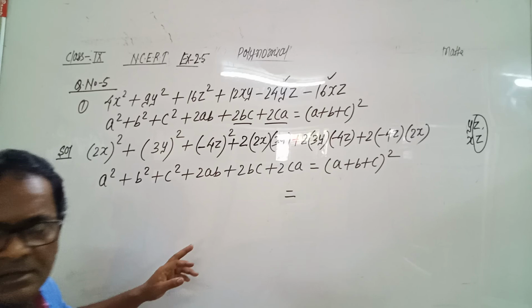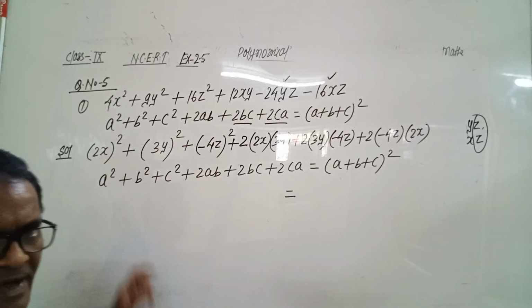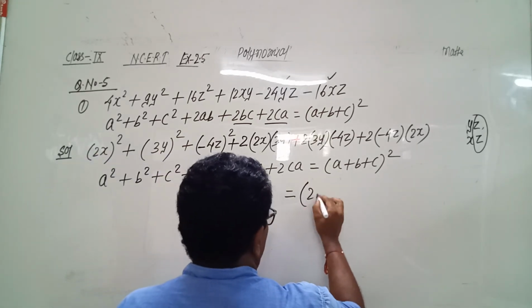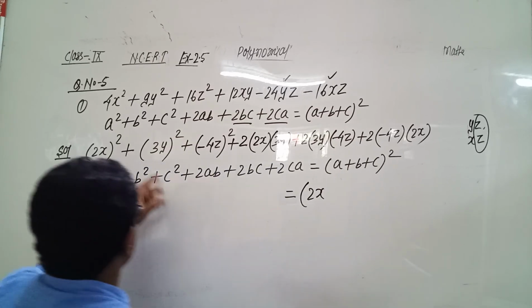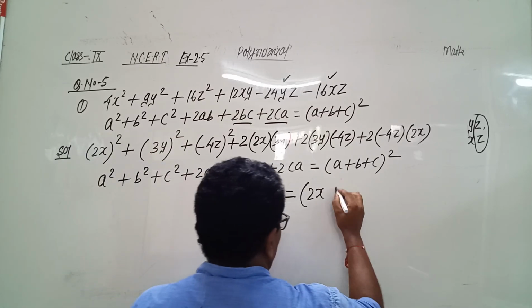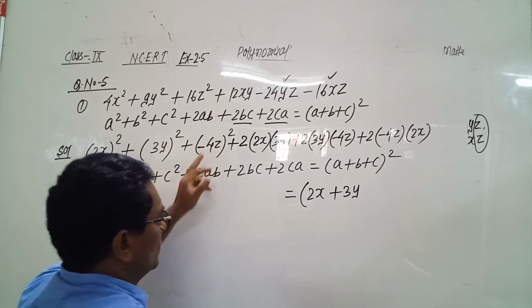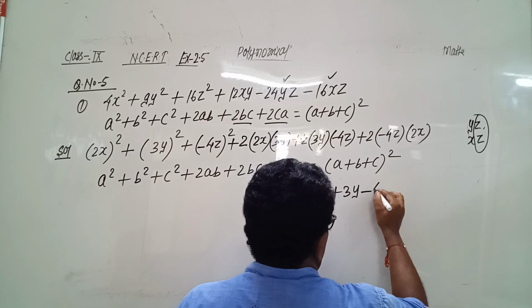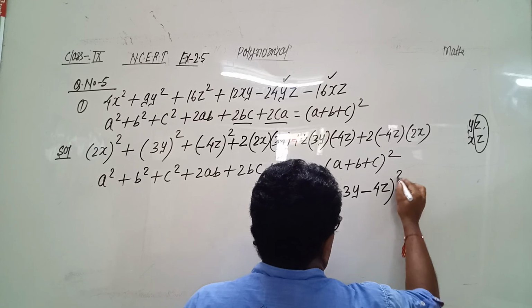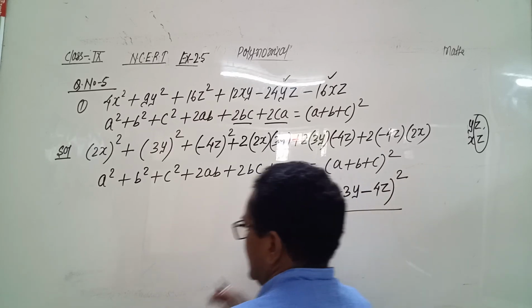We have the value of a as 2x, the value of b as 3y, and the value of c as minus 4z. So at the place of c, we write minus 4z, the whole square. So this is the result.